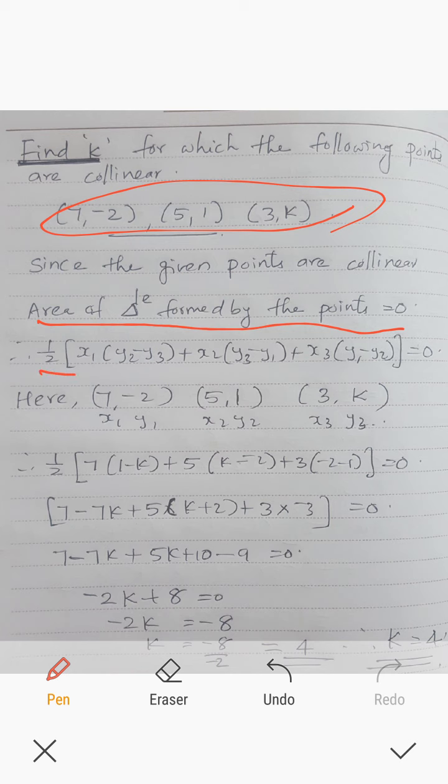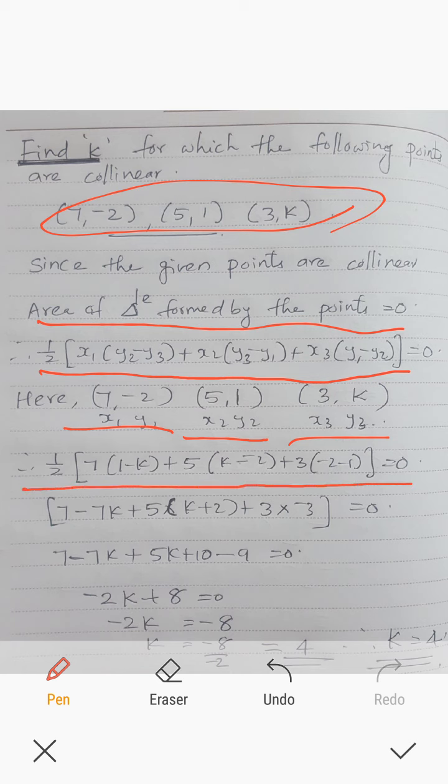That is half of x1 into y2 minus y3, plus x2 into y3 minus y1, plus x3 into y1 minus y2, equal to 0. Here x1, y1 is 7, minus 2, x2, y2 can be taken as 5, 1 and x3, y3 is 3, k. Substituting, half of 7 into 1 minus k, plus 5 into k minus minus 2, plus 3 into minus 2 minus 1, equal to 0.